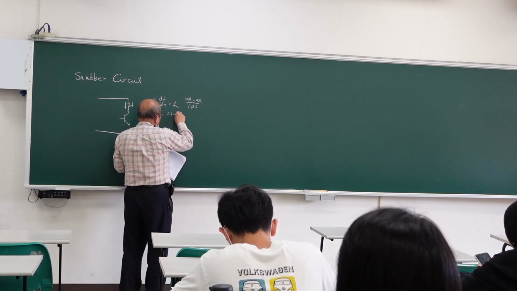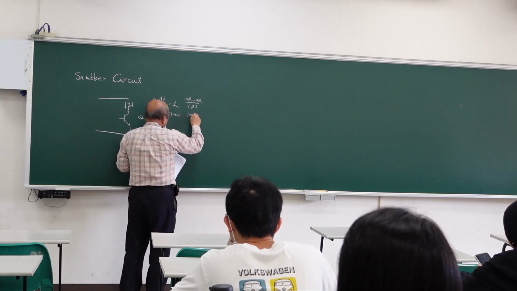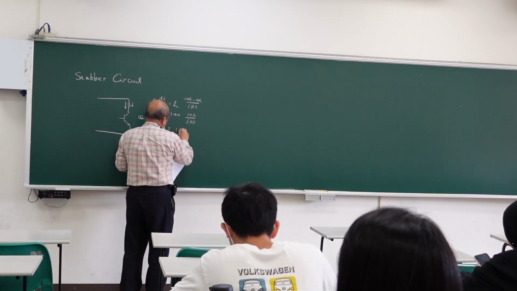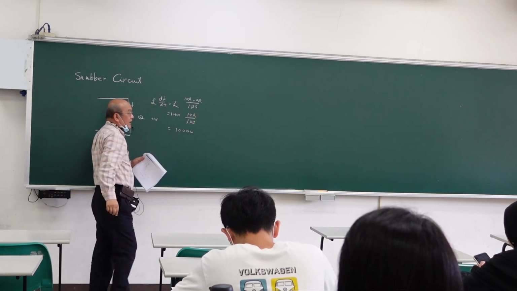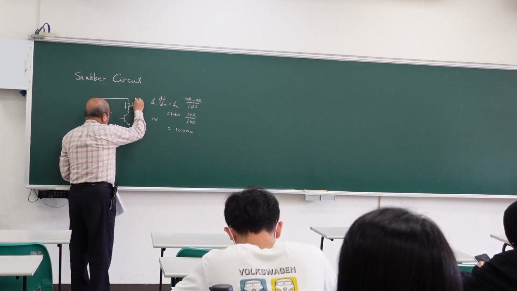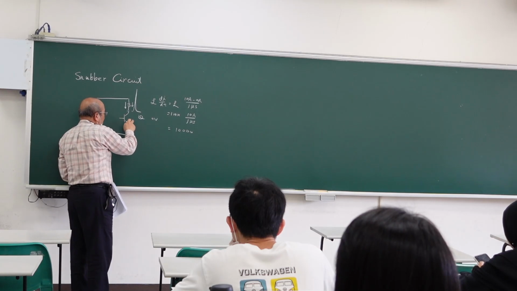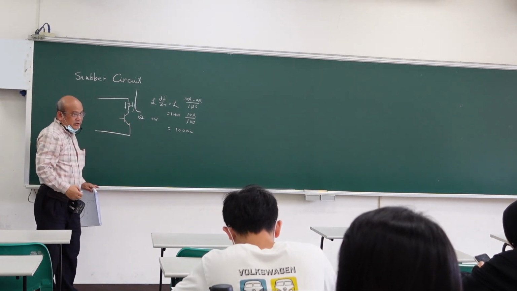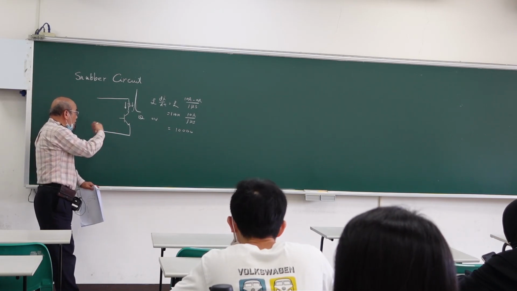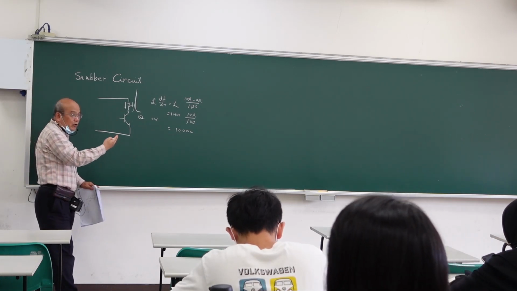So if L is 1 millihenry, what is the voltage? 10 kilovolt. So we have 10 kilovolt here. Then what about the switch damage? Because your current has no path to flow.